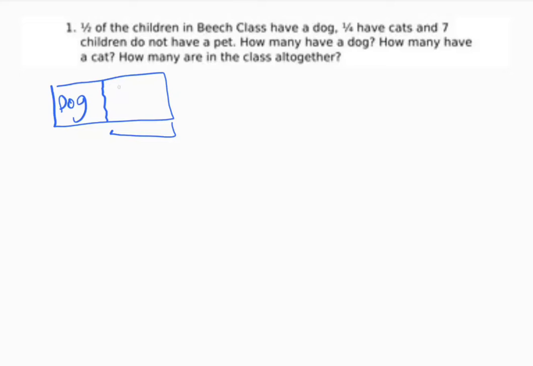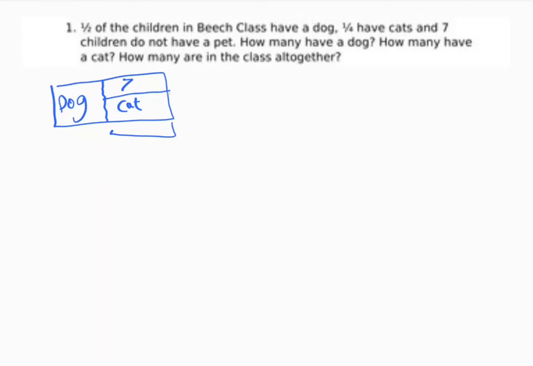So this is the half, and half of this is a quarter, and this bit is the children who have a cat. We are only left with this bit, which is the children who do not have a pet.